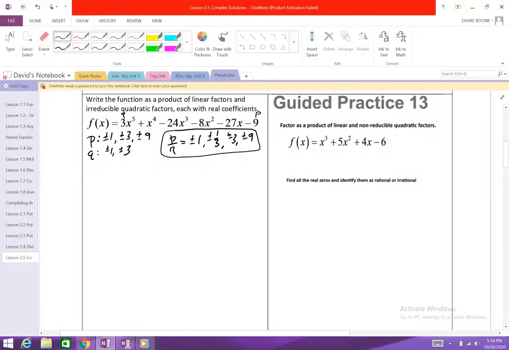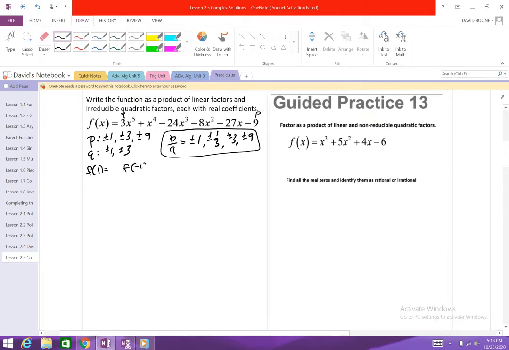Now, they don't all work. You have to figure out which ones will work. What you should officially do is find f of 1. I'm looking to see that it gives me 0.